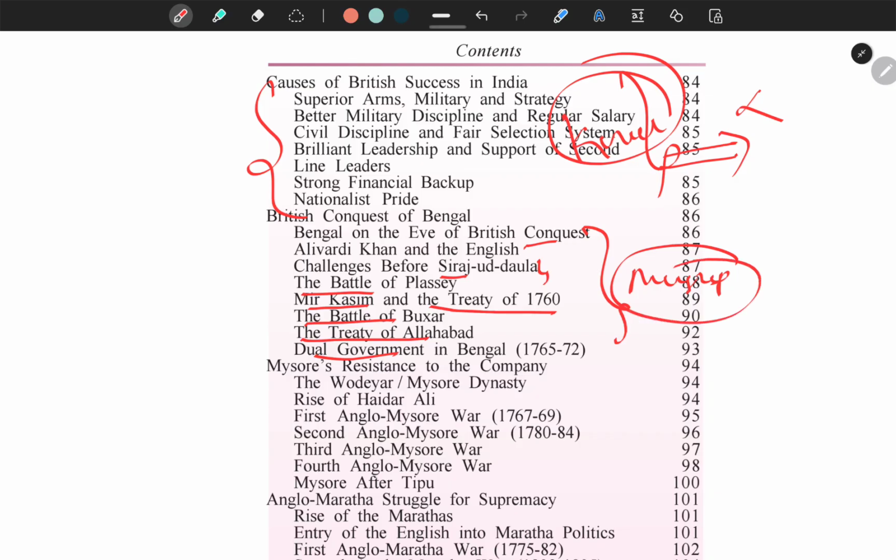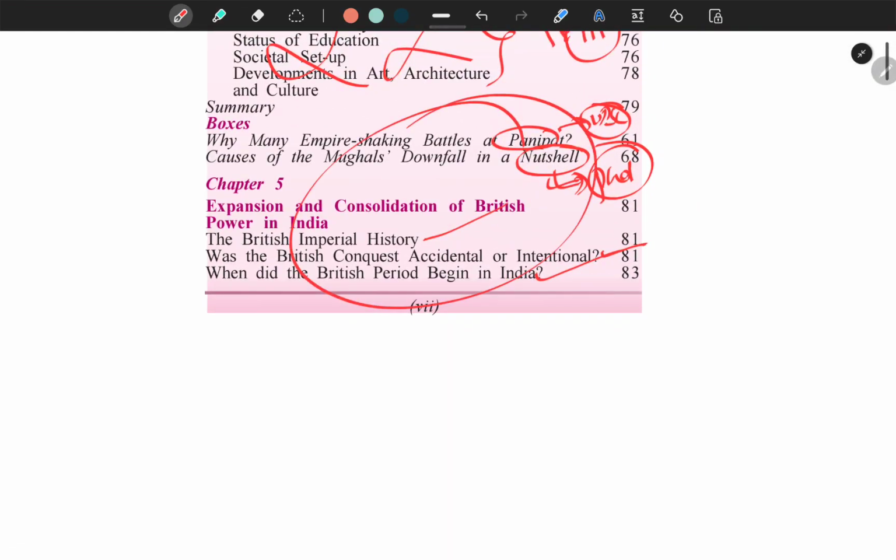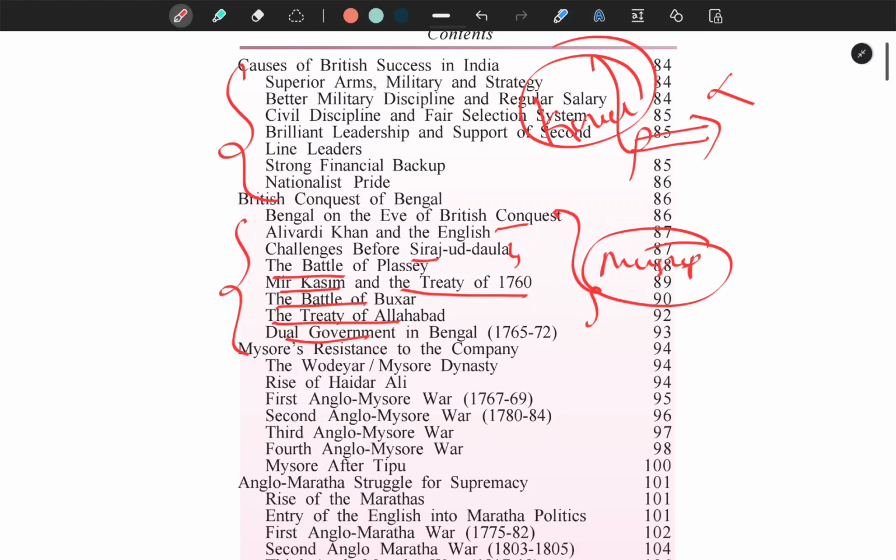I am telling you, these are the things where questions are going to come again and again. But by the time you are reaching here, your energy is completely drained because you are busy with these unnecessary, unwanted topics. But successful people like us and rank holders like us, they directly focus on this.